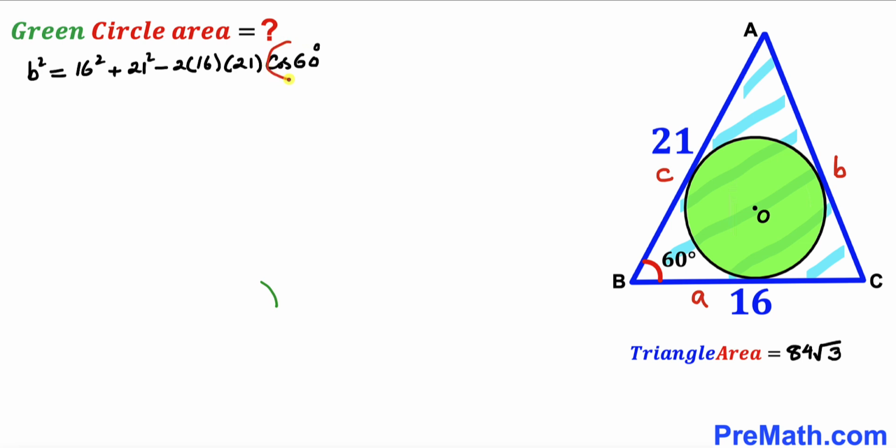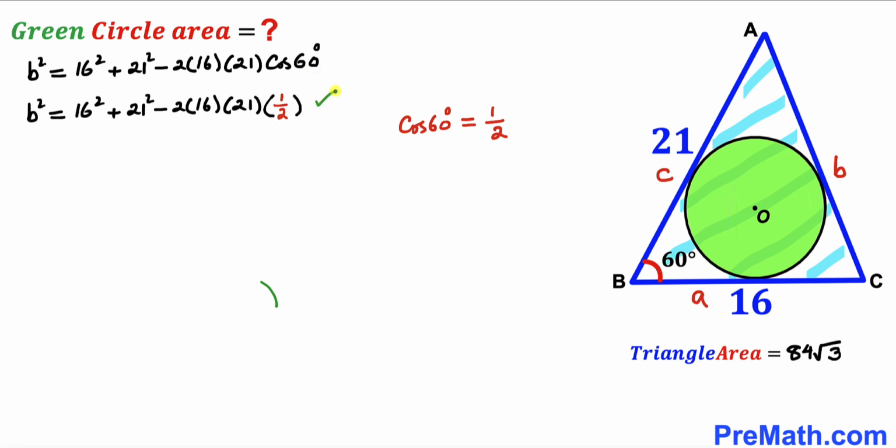Now let's focus on cosine of 60 degrees. We know cosine of 60 degrees is simply 1 divided by 2. So I'm going to replace cosine of 60 degrees with 1 divided by 2. As you can see in this next step, I have substituted its value.